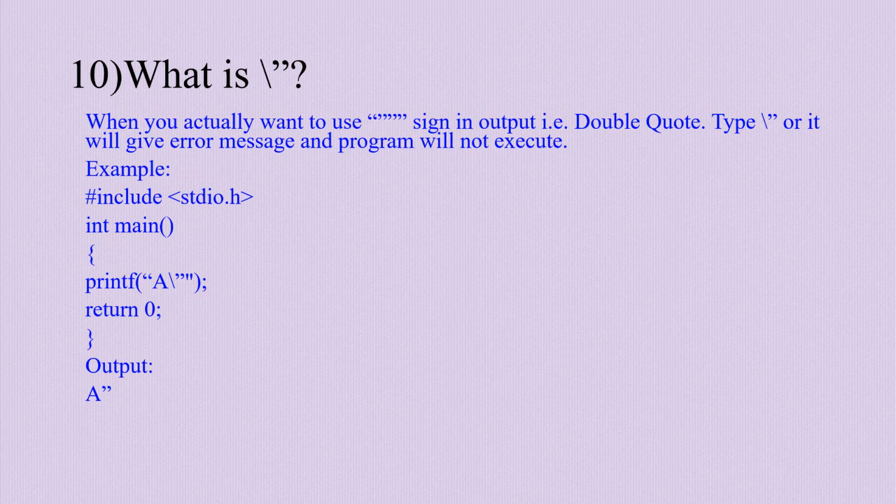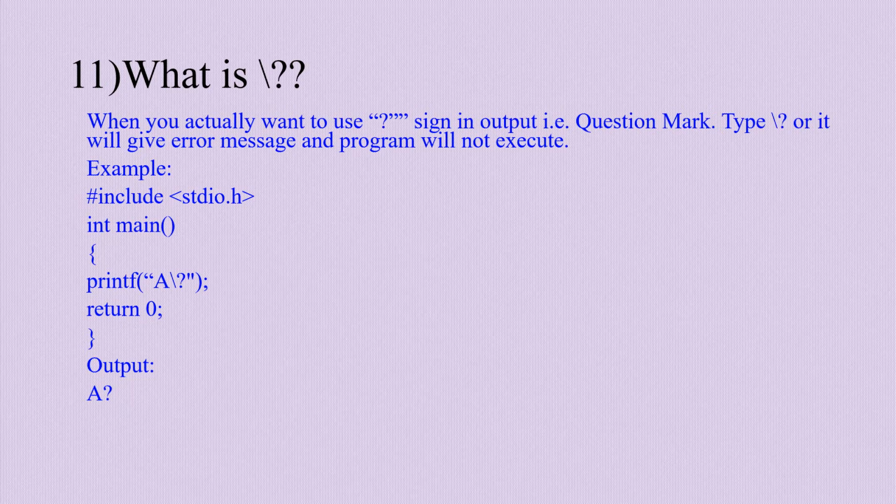This is how you can actually print the double quote mark in your output. If you do not use this and directly use a double quote mark, then it will give you an error message and your program will not execute. So you have to compulsorily give backslash and double quotation marks.